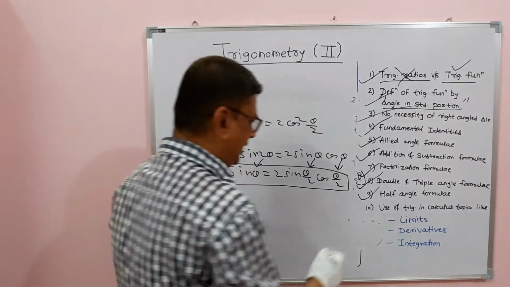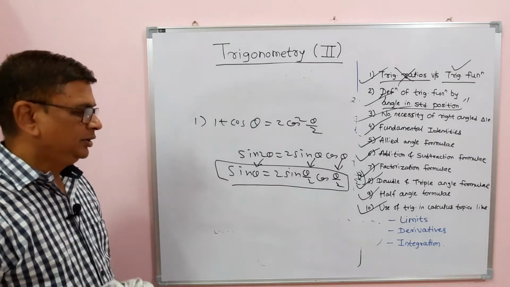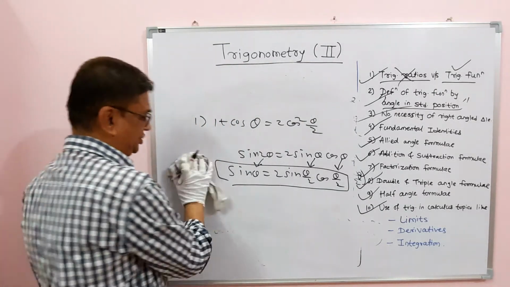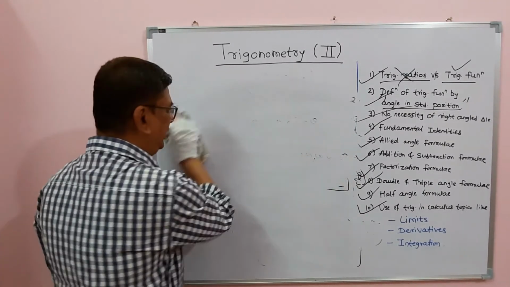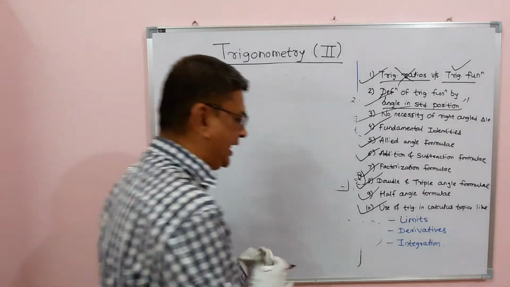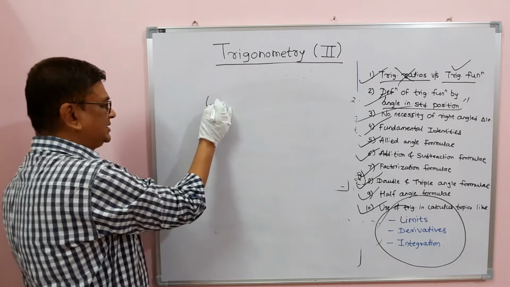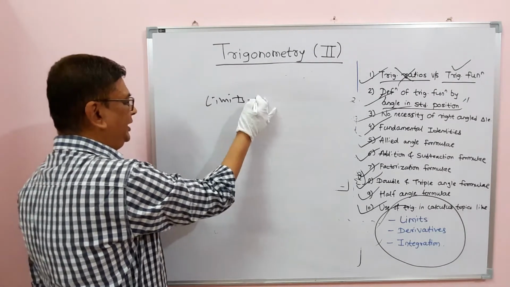Then there is use of trigonometry in calculus topics like limits, derivatives, integration. Now these are the very important topics names from the branch of mathematics called calculus: limits, derivatives, integration. In limits, there are formulae containing sin theta.